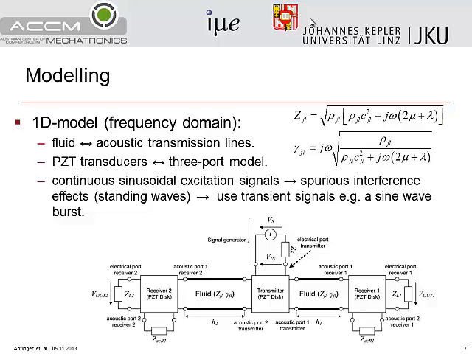So this model is suitable for simulations in the time domain. If you use transient signals, like we do, you have two possibilities. You make the simulation either using an FFT approach to obtain transient simulation results, or you can use a simulator which is suited for transient simulations, like for example PSpice.